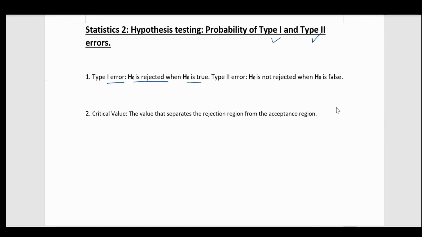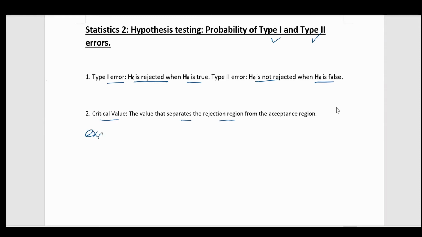Type 2 error: H null is not rejected when H null is false. In these lessons, we are calculating the probability of type 1 and type 2 errors. In order for us to do so, the critical value is important, that is the value that separates the rejection region from the acceptance region.